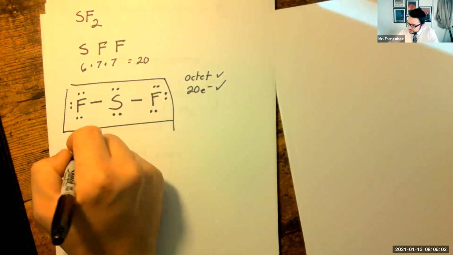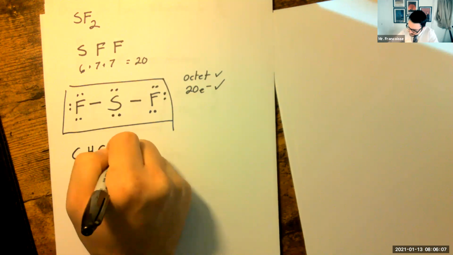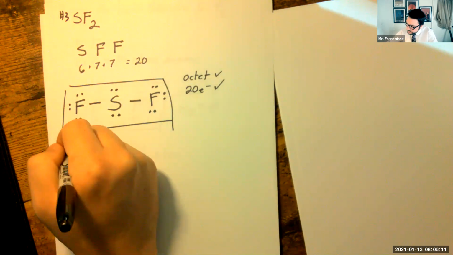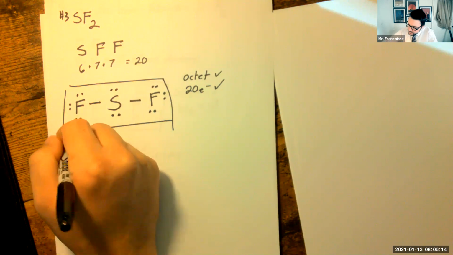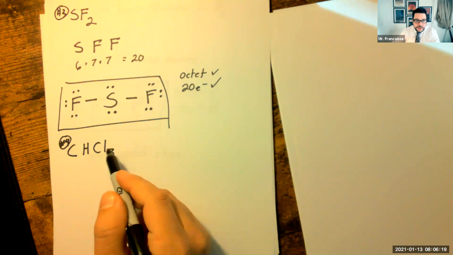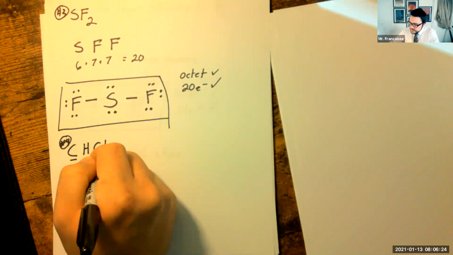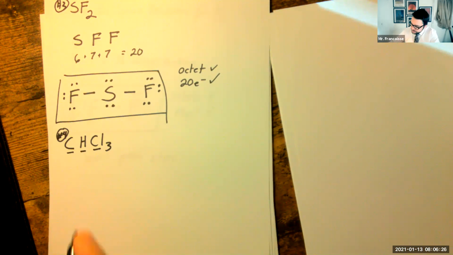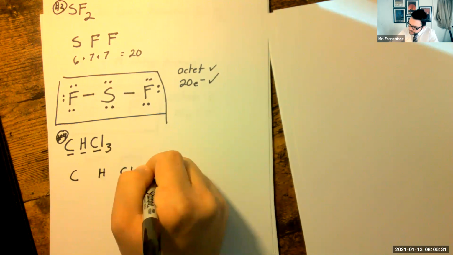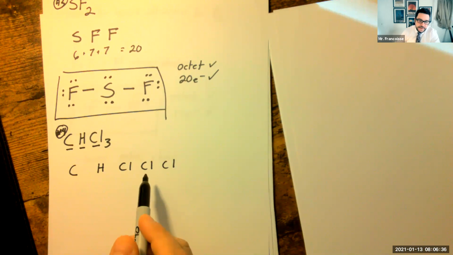Okay, so let's look at problem number 4 from yesterday. So here, if we look at the elements, we have C, H, and Cl. These are all our pieces that we have to work with.